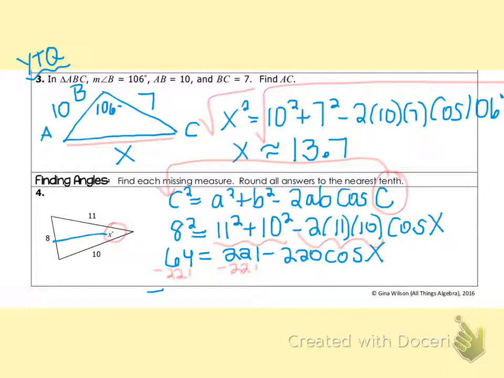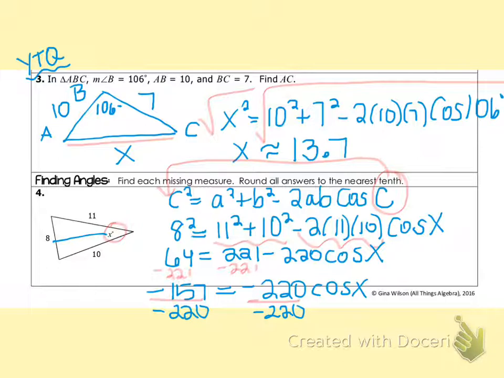And I got a negative 157, and then that equals negative 220 cosine of X. And then I'd have to divide both sides by negative 220, and that would give me 0.71363636, then it repeats, so 0.7136 is equal to the cosine of x.